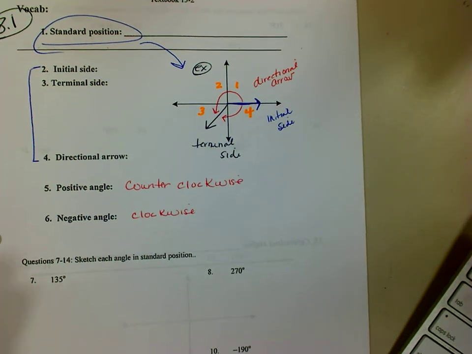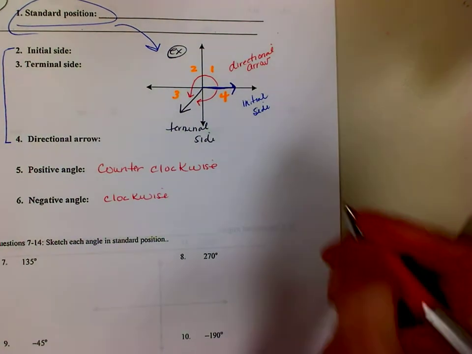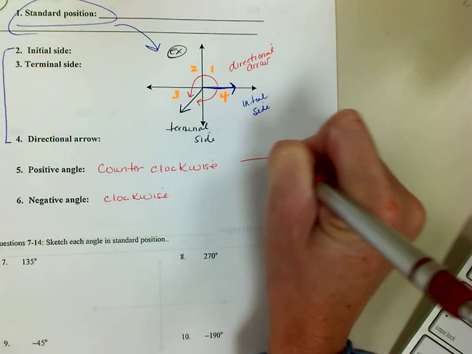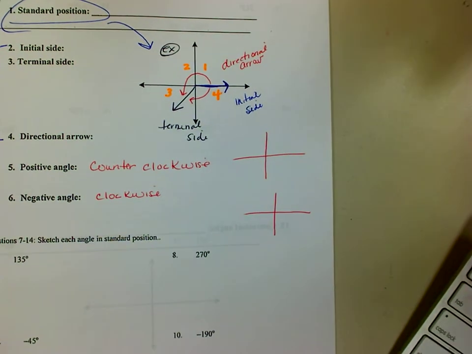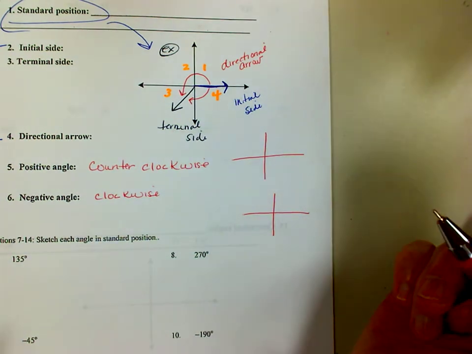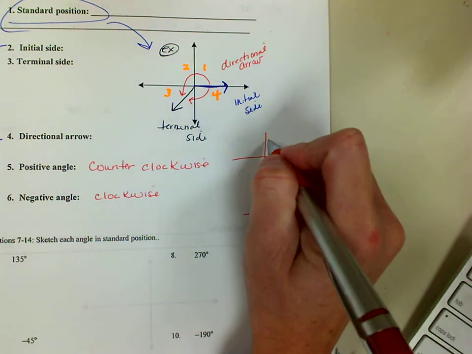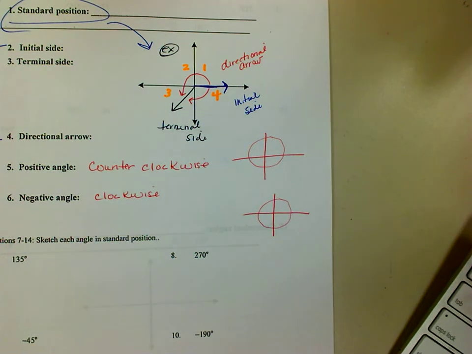Okay, and before we get down to the next examples, I want to draw on here two different types of graphs, I guess I'll call them. We're going to eventually put a circle on here. We're going to talk about the unit circle.